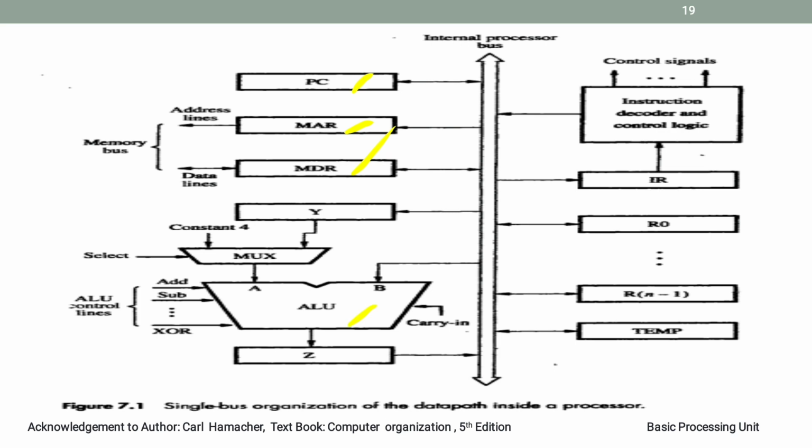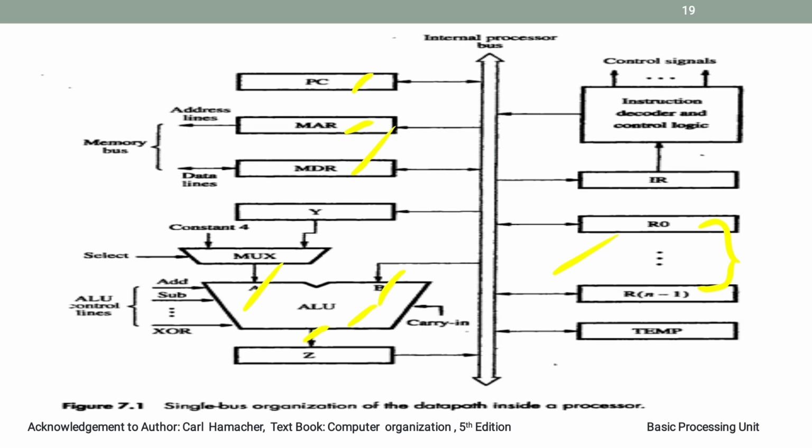This is the ALU, arithmetic logic unit, that performs arithmetic or logical operations on the given two operands A and B, and it gives the result, which will be stored temporarily in the general purpose registers here. So R0 to Rn-1 are the general purpose registers.